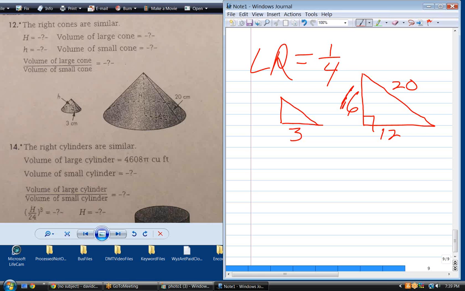Right. In other words, you can have a 3, 4, 5 triangle, or you can have multiples of 3, 4, 5. Well, this is just a 3, 4, 5 triangle times 4. Okay? So, little h is 4, big H is 16.